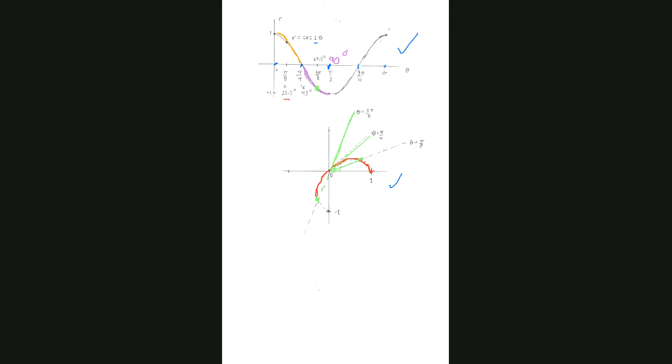And of course, at 90 degrees, if you look up in the direction of 90 degrees here, but then you go backwards 1 unit, because at 90 degrees, at pi over 2, the cosine of 2 theta is -1.